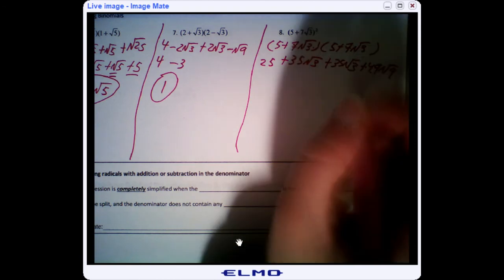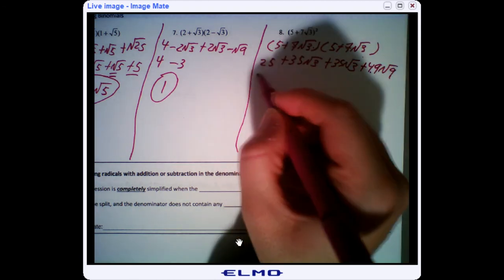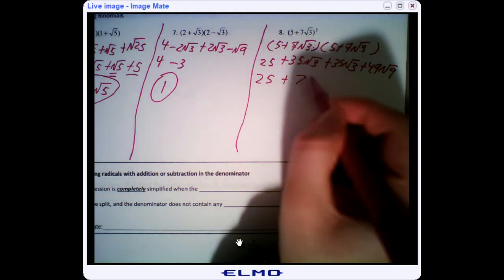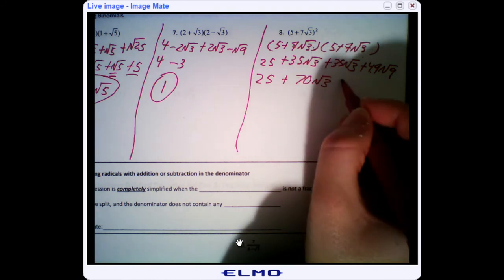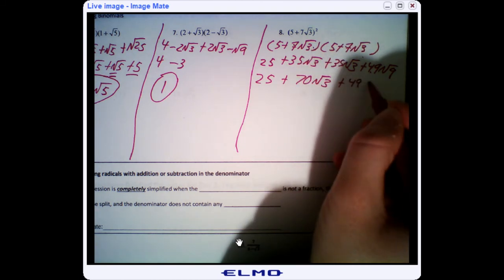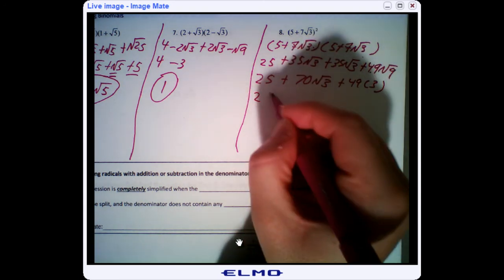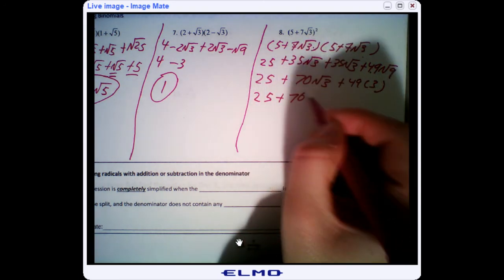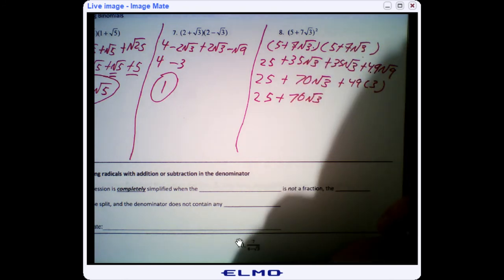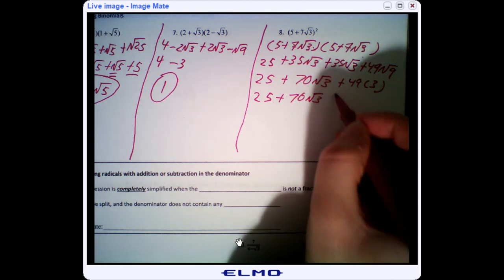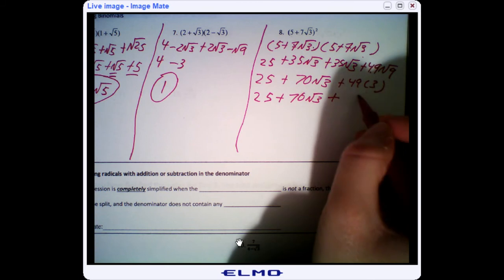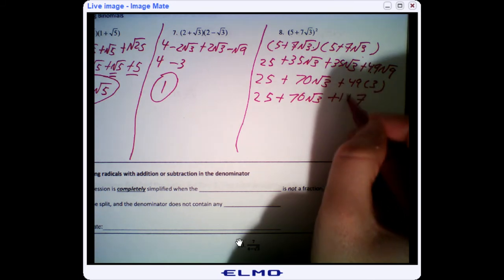We're going to combine whatever like terms we can and simplify. So we get 25 plus 70 square roots of 3 plus 49 times 3, which is going to give us 25 plus 70 square roots of 3 plus 147.